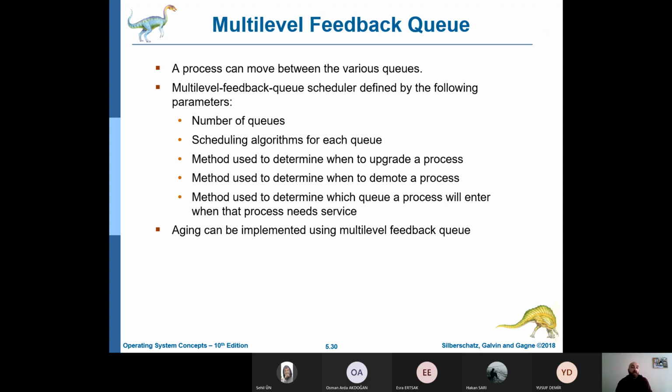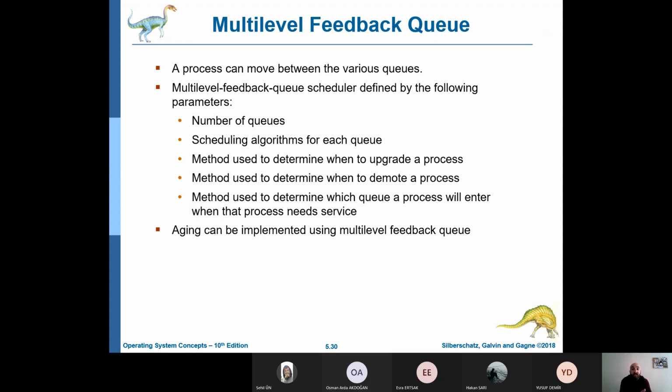Normally, when the multi-level queue scheduling algorithm is used, processes are permanently assigned to a queue when they enter the system. If there are separate queues for foreground and background processes, for example, processes do not move from one queue to another because we make that categorization.